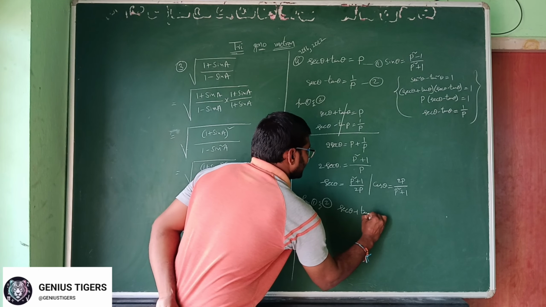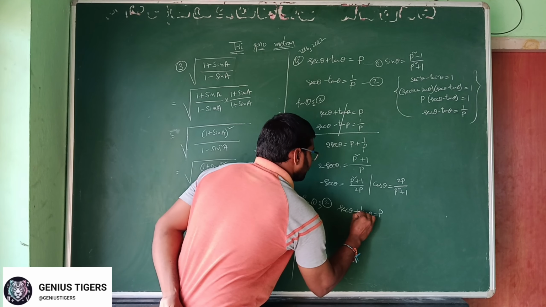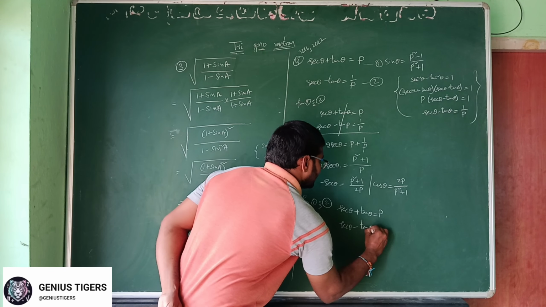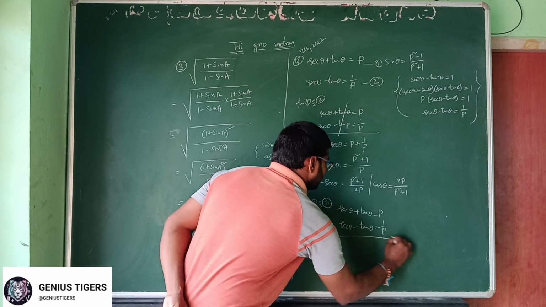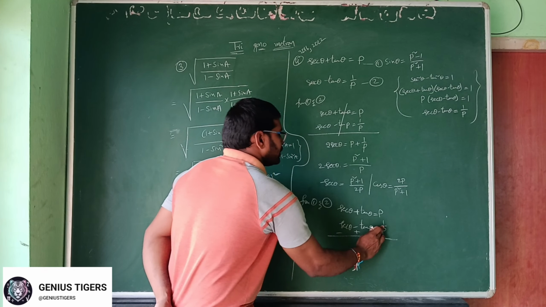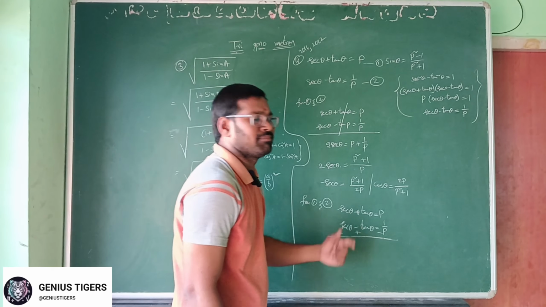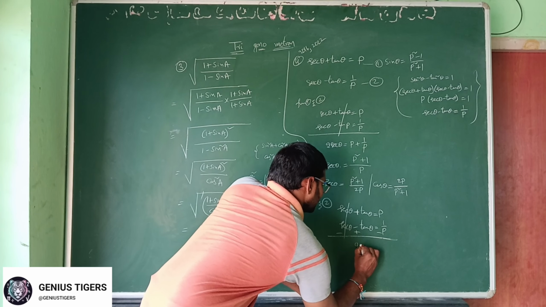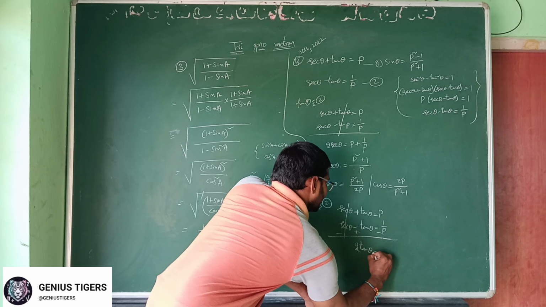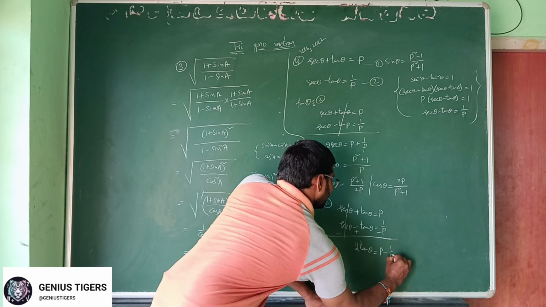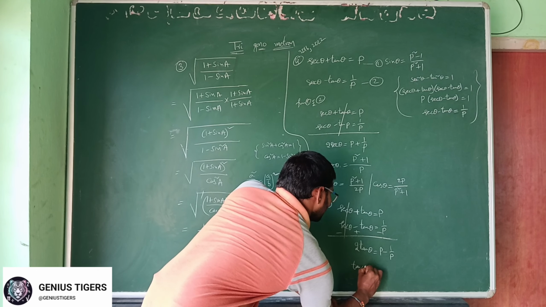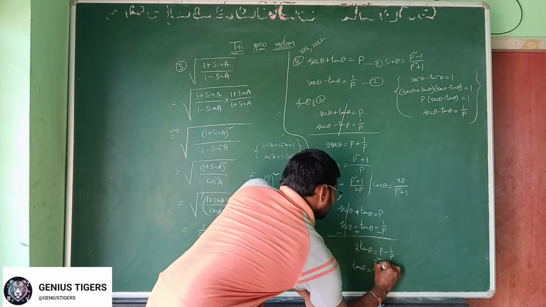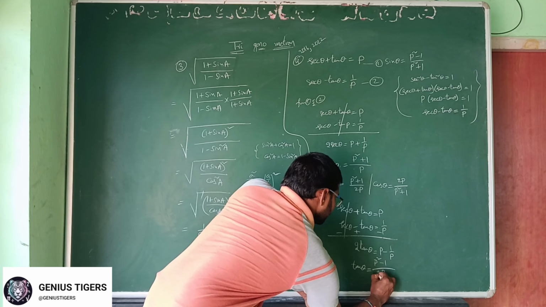Secant theta plus tan theta equal to P, secant theta minus tan theta equal to 1 by P. When you are doing subtraction, you change the signs. Secant theta cancels, so 2 tan theta equal to P minus 1 by P. I want tan theta, so take LCM P into P: P square minus 1. 2 also transposes to this side.